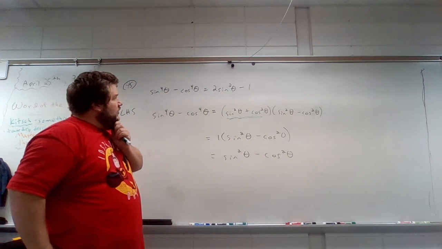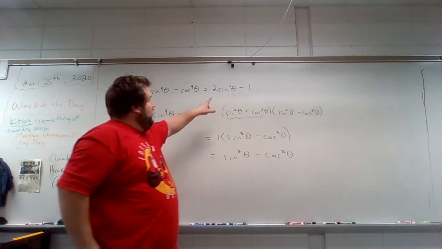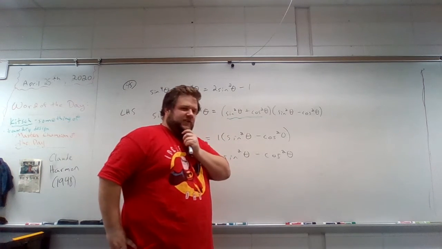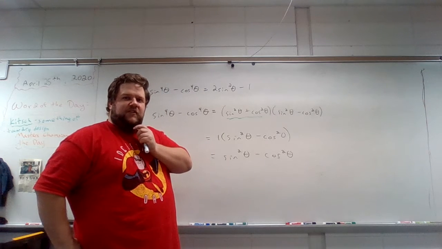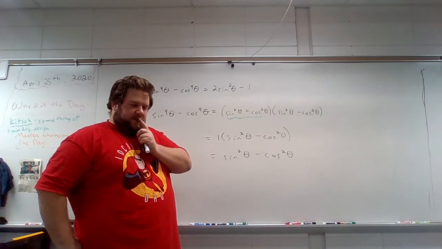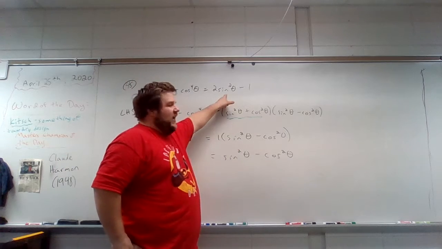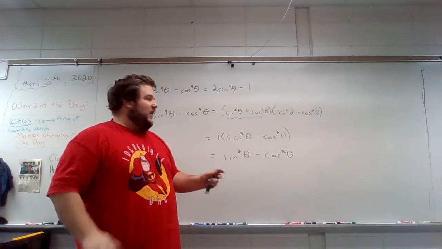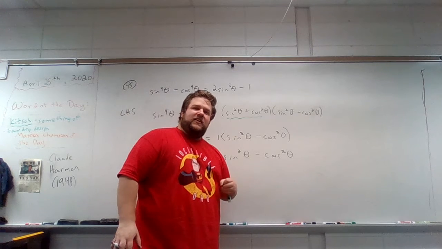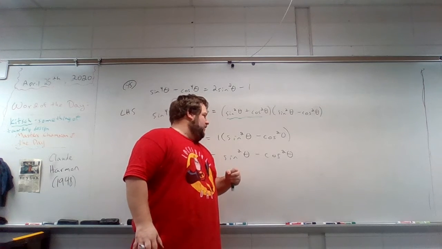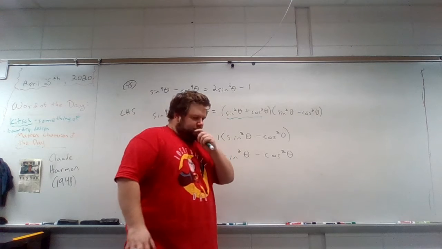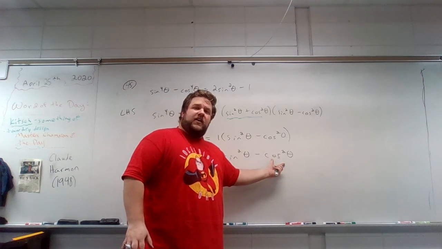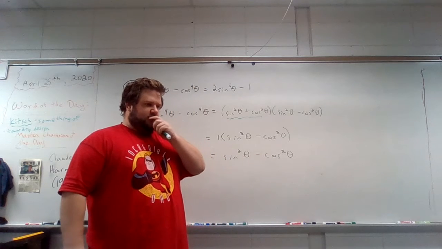Now, that's still not quite what we have. I have 2 sine squared minus 1, and here I have sine squared minus cosine squared. So I still have some work to do. In this one, everything is in terms of sine squared, so that's a big clue. I need to get this expression entirely in terms of sine squared. So there has to be a way that I can rewrite cosine squared in terms of sine squared.